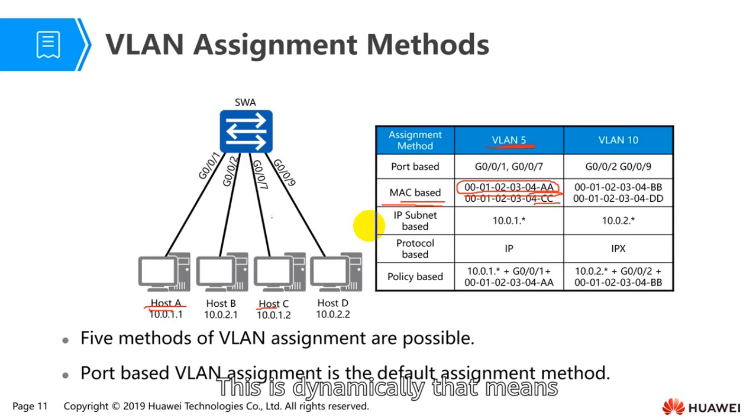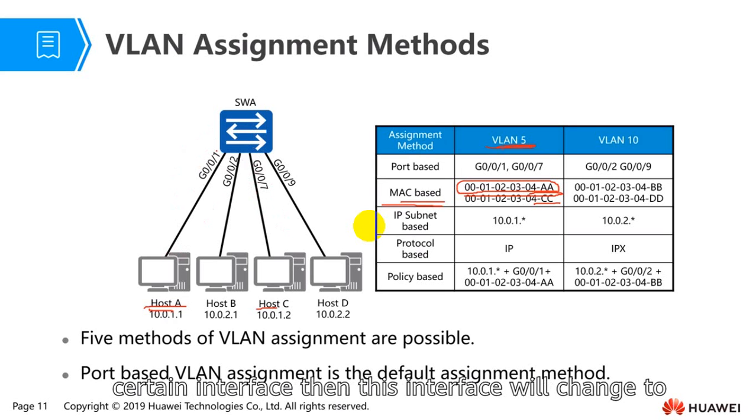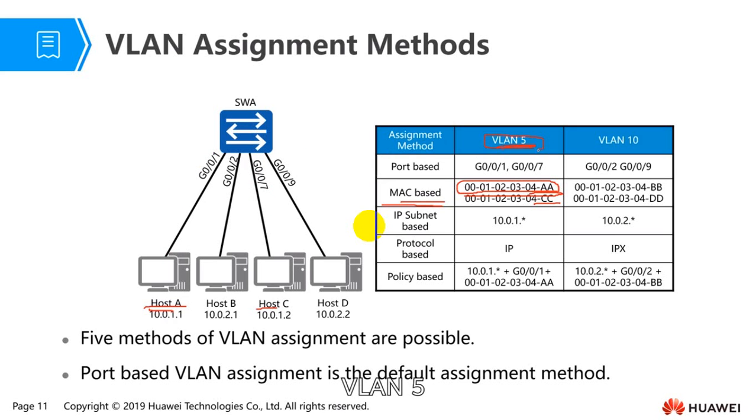This is dynamic. That means when a host connects to a certain interface, then this interface will change to VLAN 5. Also this is VLAN 10. And this is MAC-based, but sometimes MAC-based configuration is a little complex.